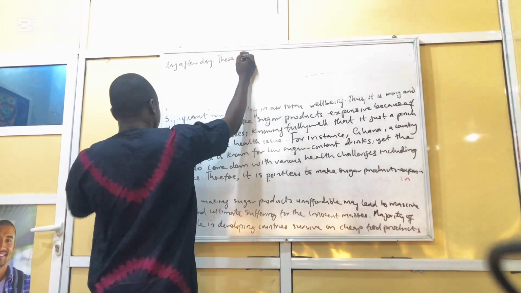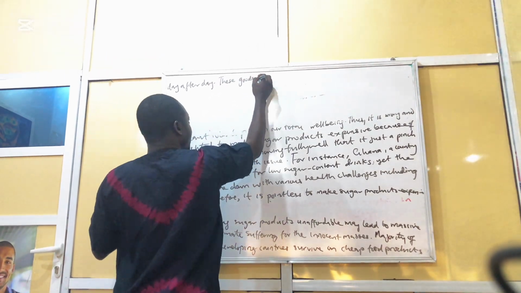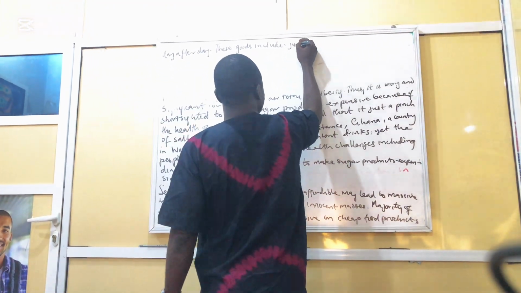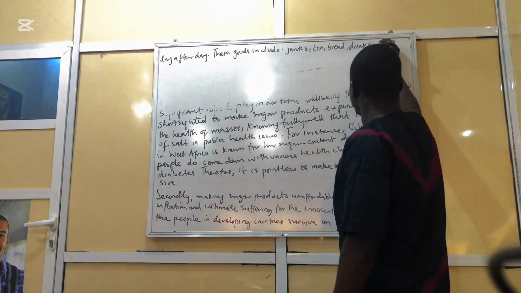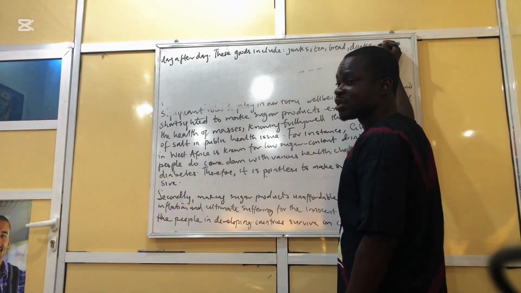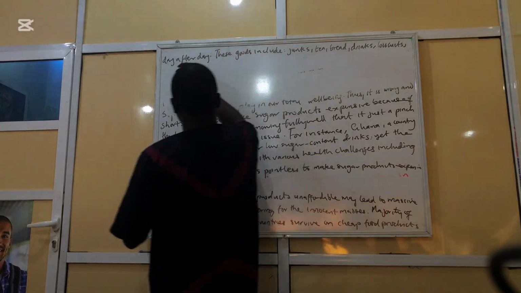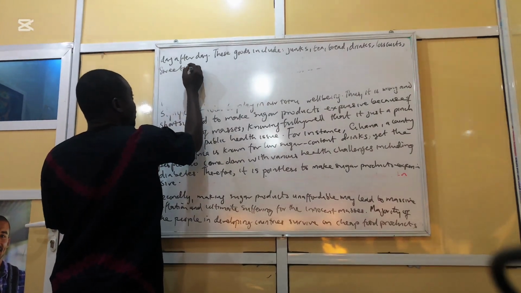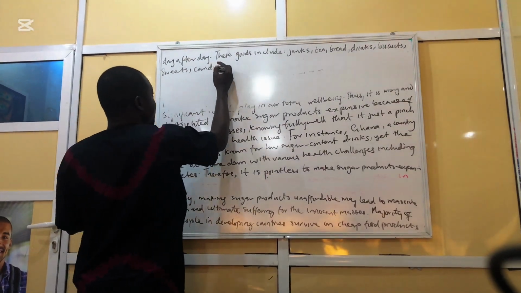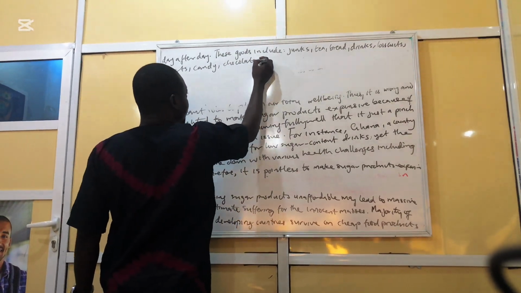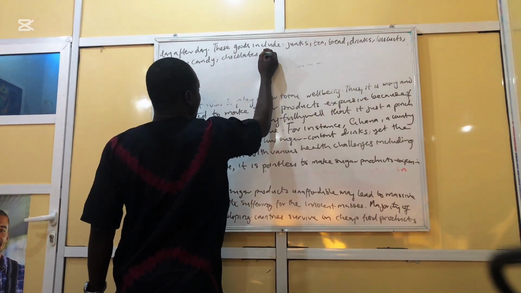These goods include junks, biscuits, sweets, candy, chocolate, and so on.